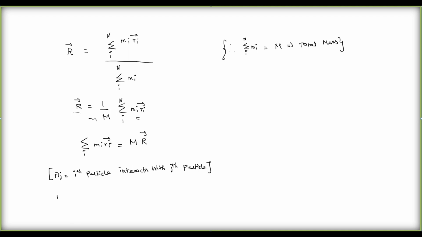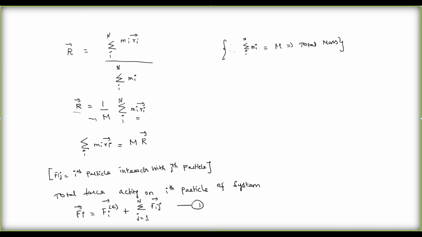Okay, about the total force acting on the ith particle of the system, how to write it? The total force Fi vector is equal to Fi, the external force, plus the summation over j equal to 1 up to the number of particles n of Fij vector. This is equation number 1.